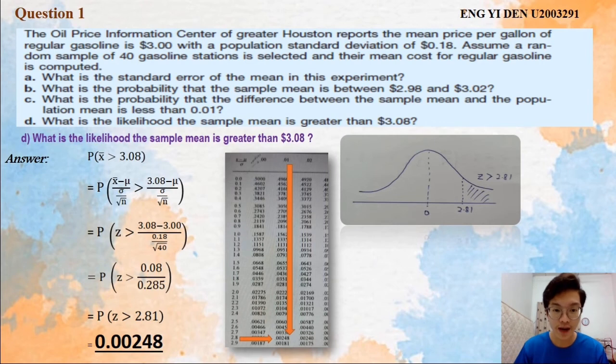So hi everyone, I'm Eden and I will continue with question 1D. The question is, what is the likelihood the sample mean is greater than 3.08?